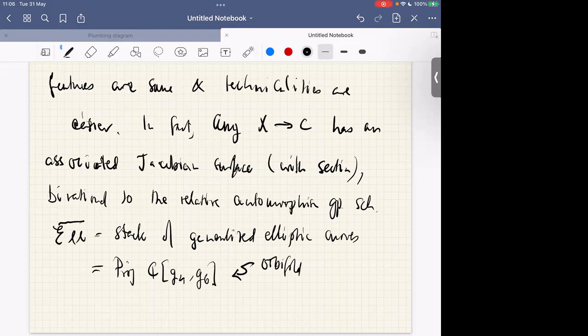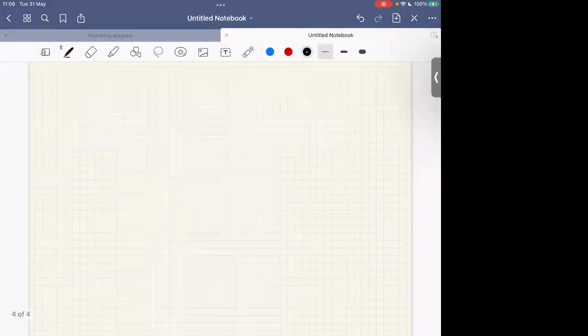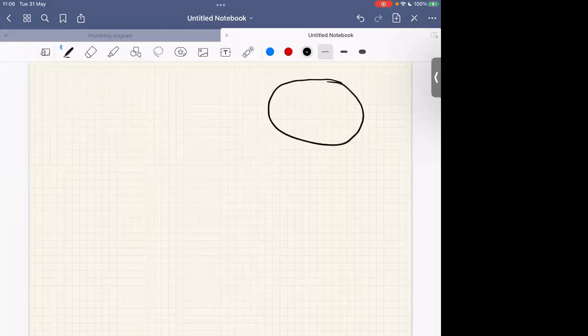Otherwise, this is everywhere B of Z mod 2.